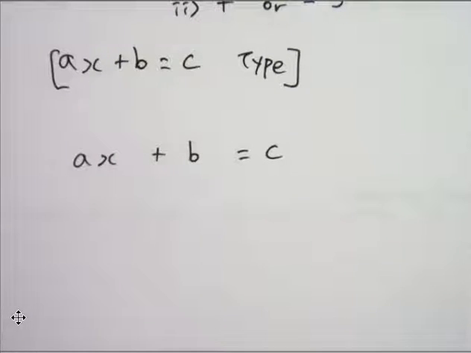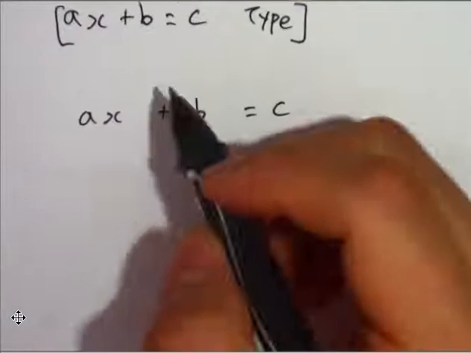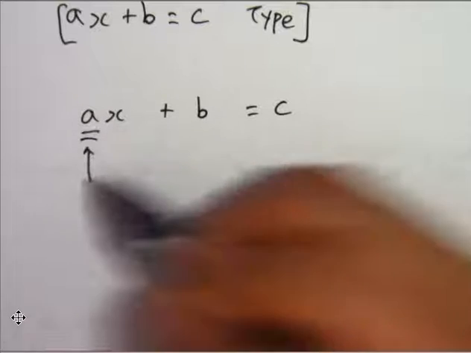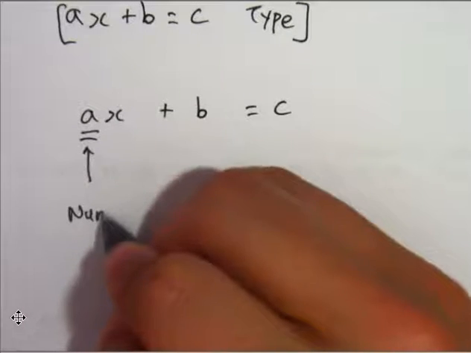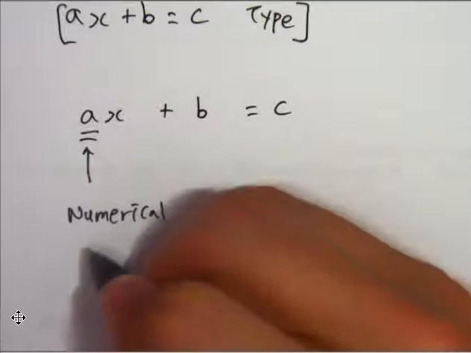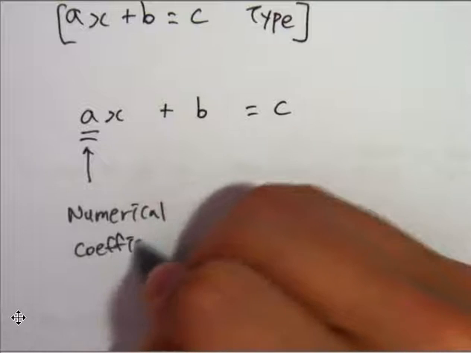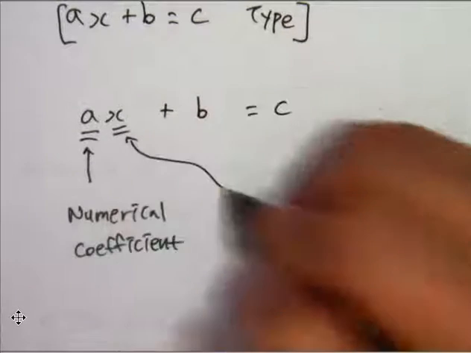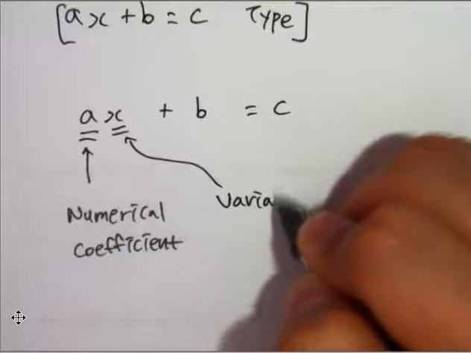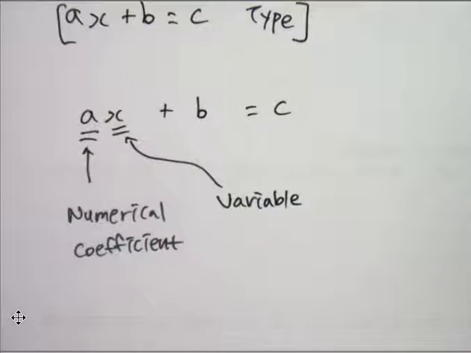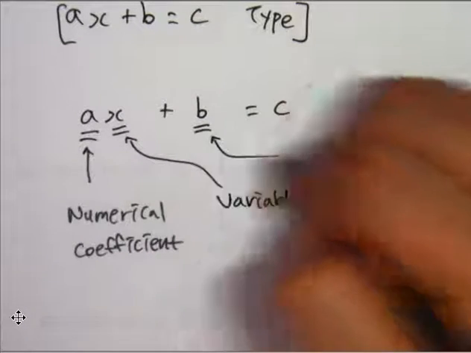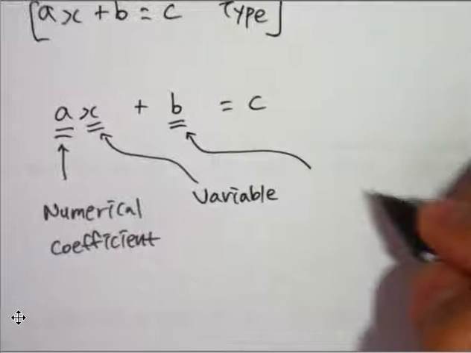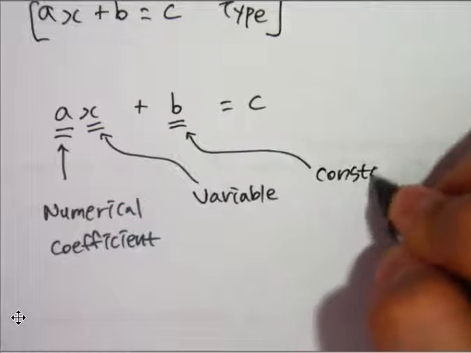What does that mean? First things first, a is our numerical coefficient. x is our variable. b is our constant.